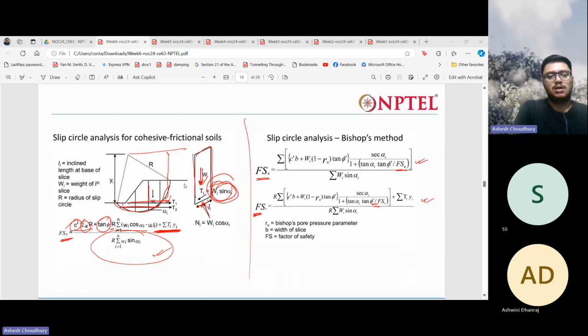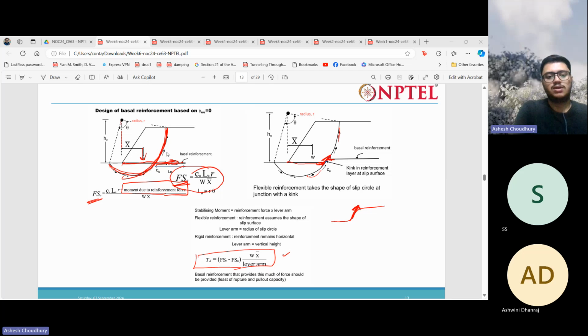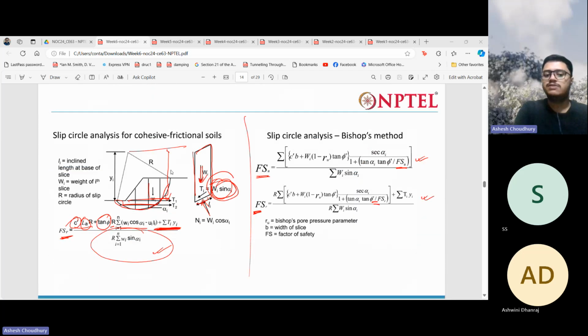Here, this is for the cohesive soil, right? For cohesive soil, directly Cu into L into R, that you can do. But say you have a C-phi soil, in that case you need to make wedges and then do the slip circle method.